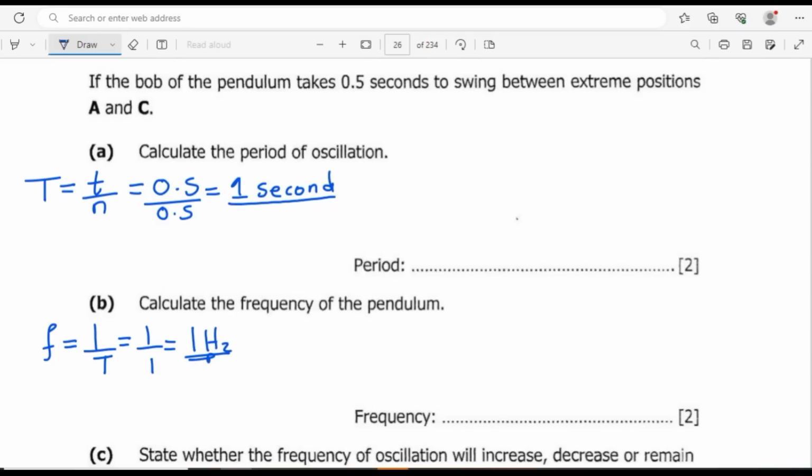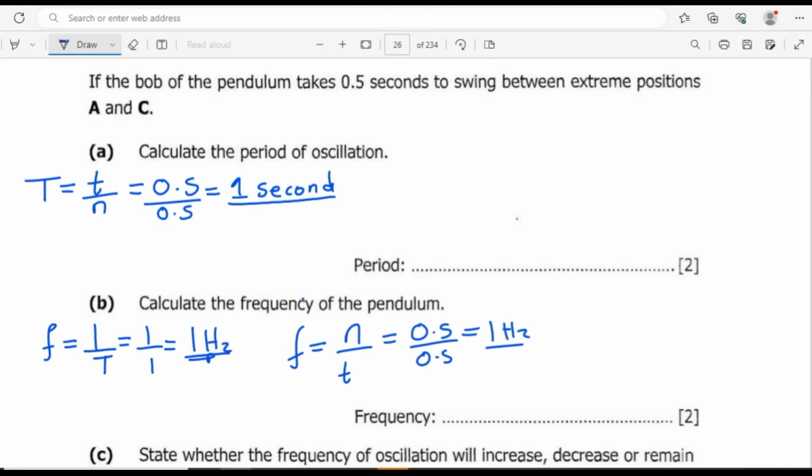Frequency is defined as the number of oscillations produced per second, and we know that in 1 second 1 oscillation was produced. The same frequency can also be found as N over T, where N is 0.5 and T is 0.5, which also gives us 1 Hz.